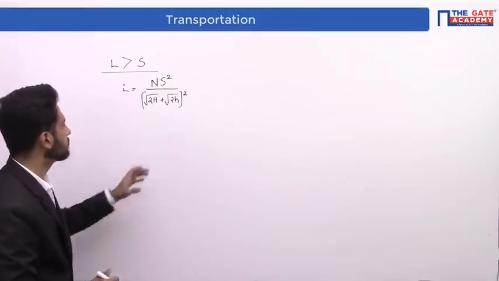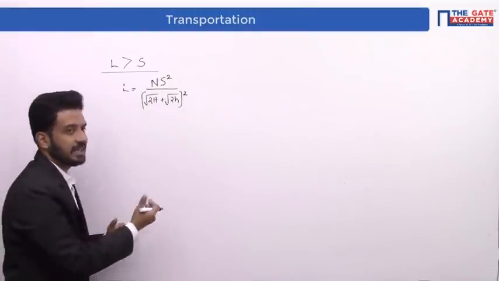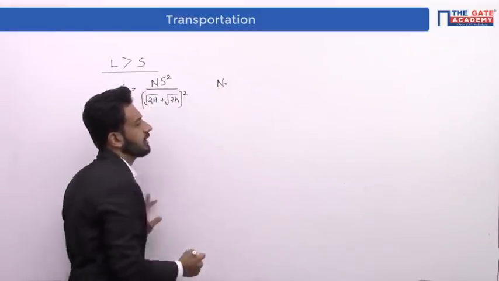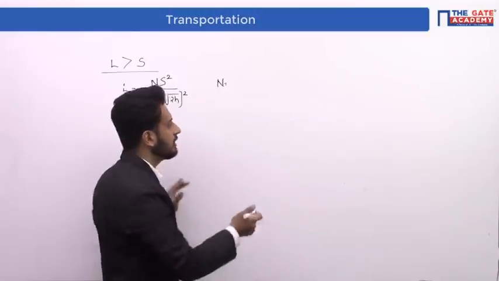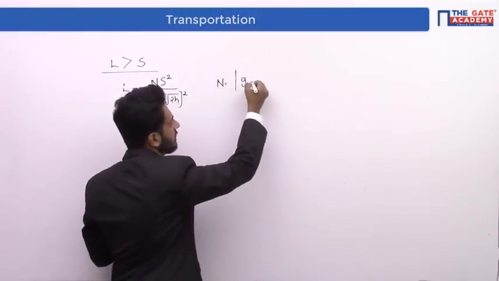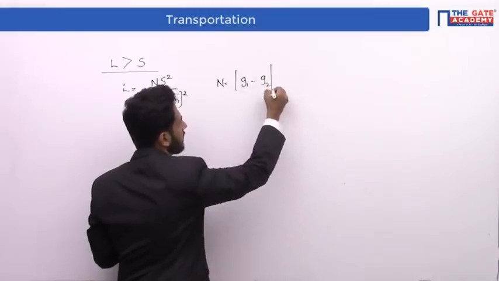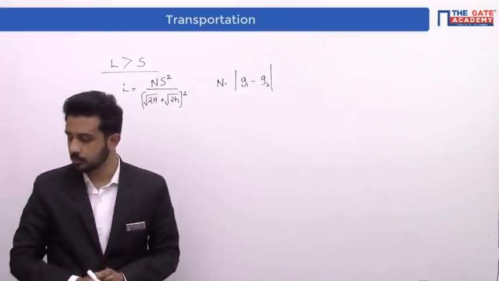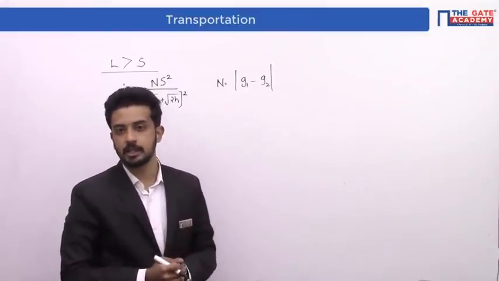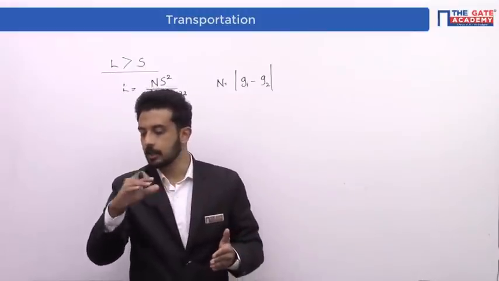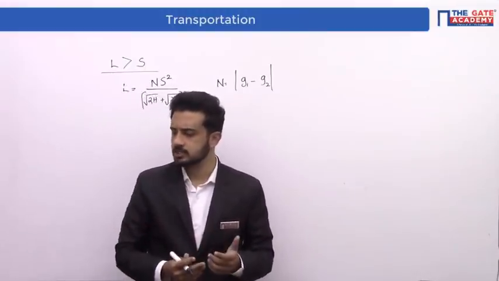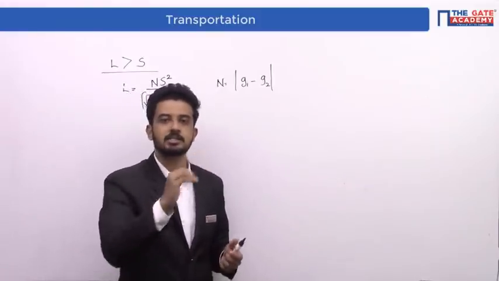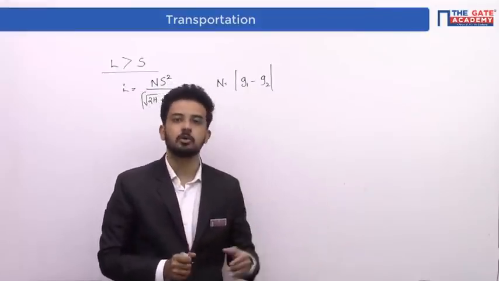Fine. So, in this equation, what is N? N is the deviation angle. Correct? How to find out the deviation angle? The first gradient minus second gradient, and we will take the modulus value of that. Correct? So, what is the given question? A plus 3% gradient is meeting a minus 5%. What do that plus and minus indicate? It indicates whether it is an upward curve or a downward curve.